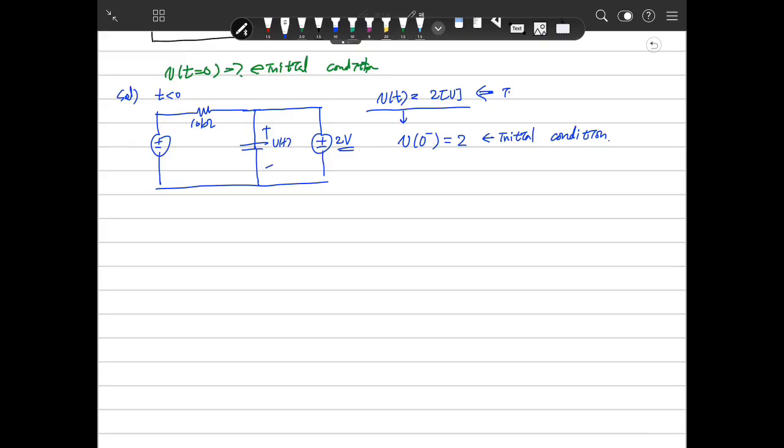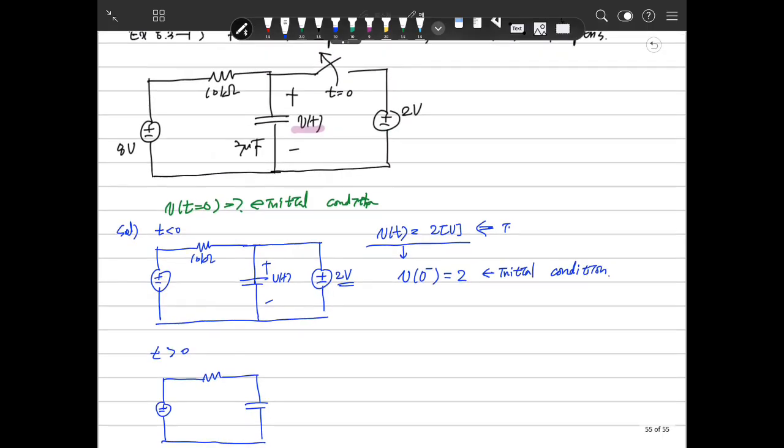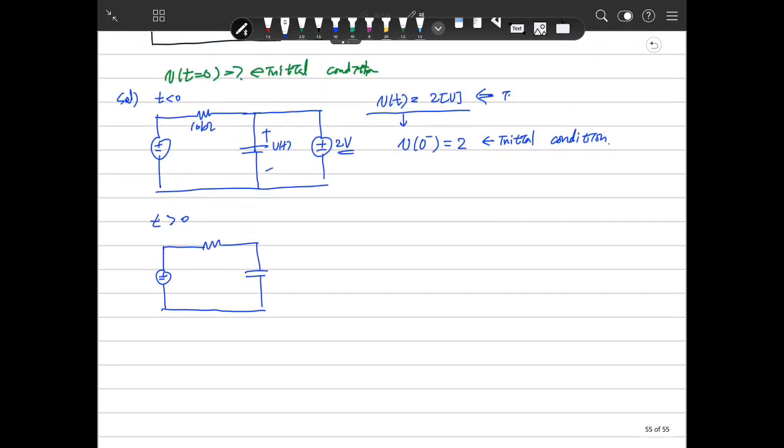Then we should consider when t is larger than 0. Because the switch is open, the circuit will be a little different here. Plus minus 10. There's only one capacitor here. Because the switch is open here, we don't consider it. So this is Vt.